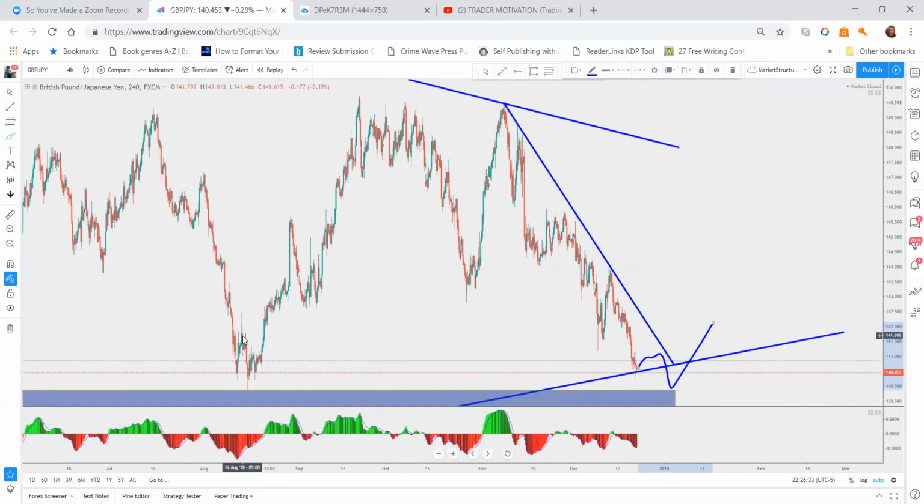And you see here, it did that. So if it does what it did here, something like that again, get a correction and then a break to the upside. I like it. Yeah, that's what I'm thinking it's going to do. I'm going to leave that there.